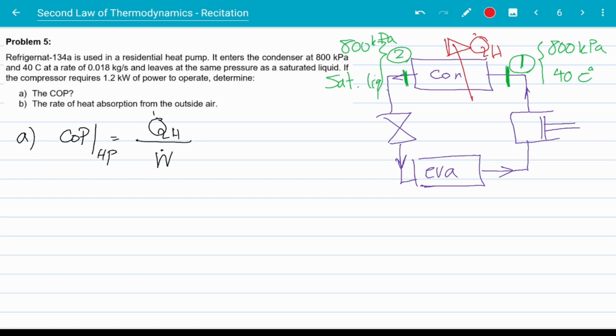So let's do the first law analysis on the condenser.